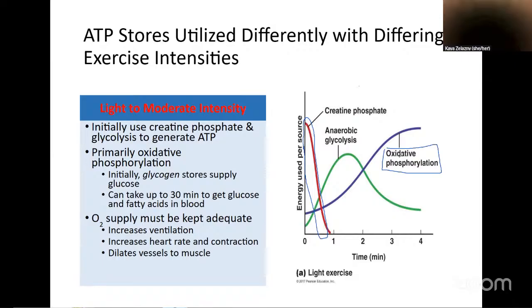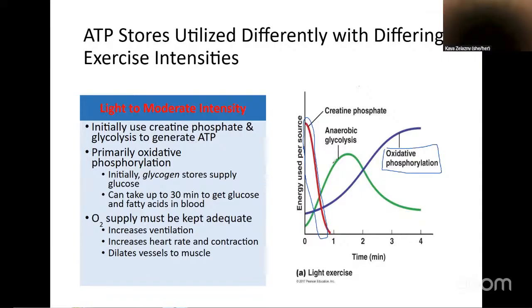Once we're warmed up and we've been doing this exercise for a little bit, what our muscles are going to be trying to use is our energetically efficient way of producing ATP. We're going to be trying to use oxygen to make lots and lots of ATP as we go further. So first we start out making ATP with this creatine phosphate system, and then we get our glucose oxidation going.